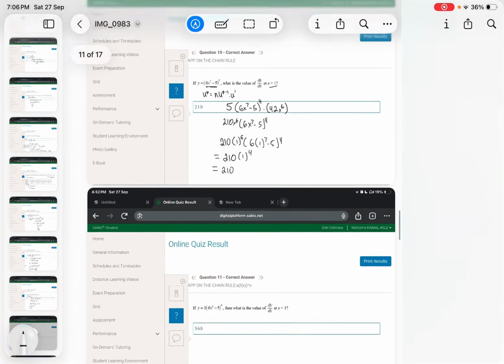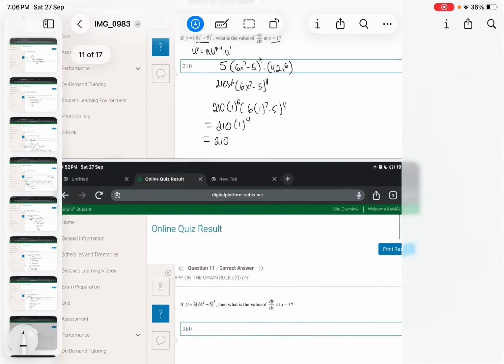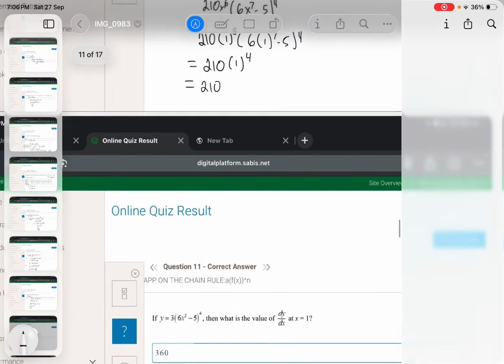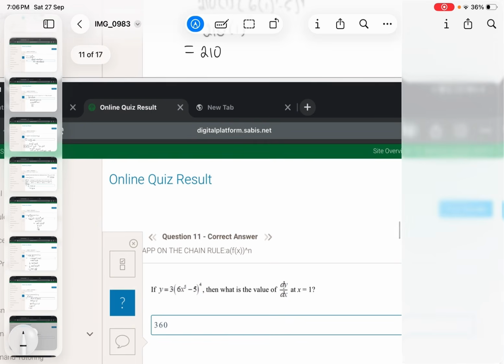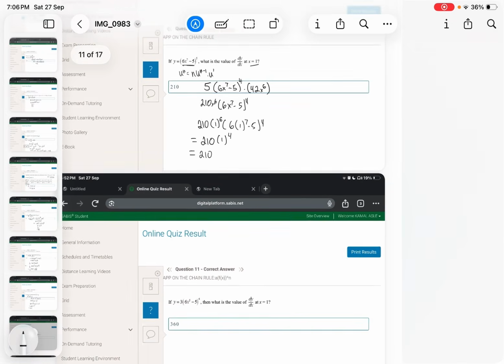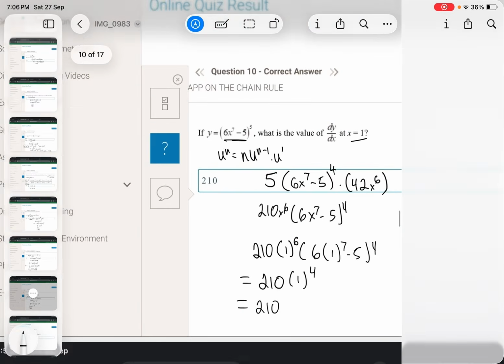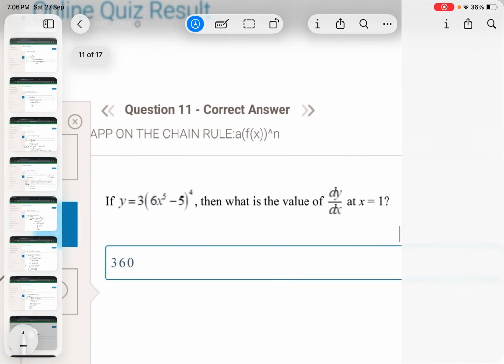Question number 11. It's the exact same thing as what we did here. We got that as 210. And it's not exact. Oh, that's not the same. It's here to the power of 7, here to the power of 5.